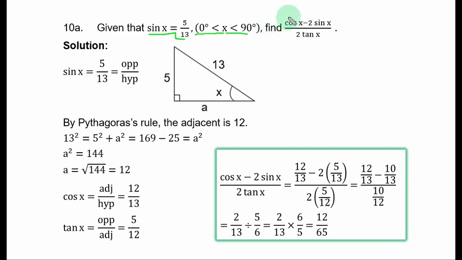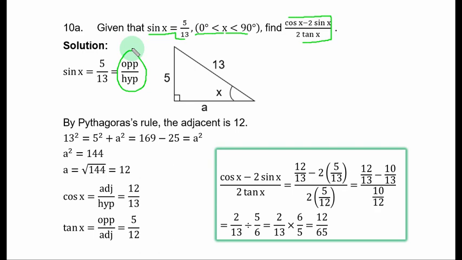Find cos S minus 2 sin S over 2 tan S. Now, the given ratio sine is expressed as opposite over hypotenuse. Cosine is expressed as adjacent over hypotenuse, and tangent is expressed as opposite over adjacent. That means adjacent is needed.